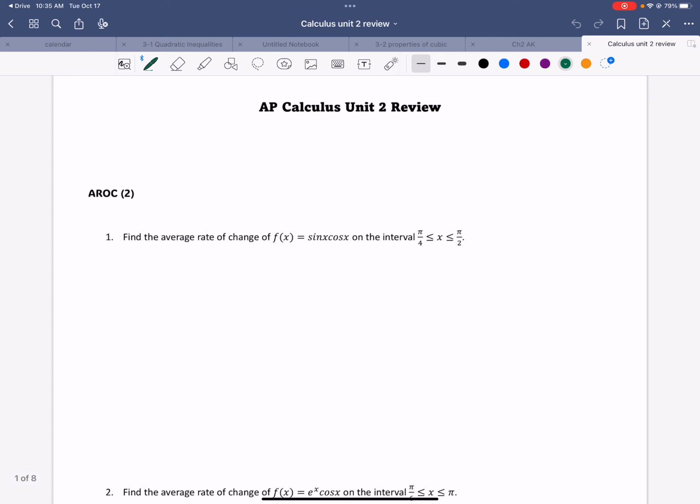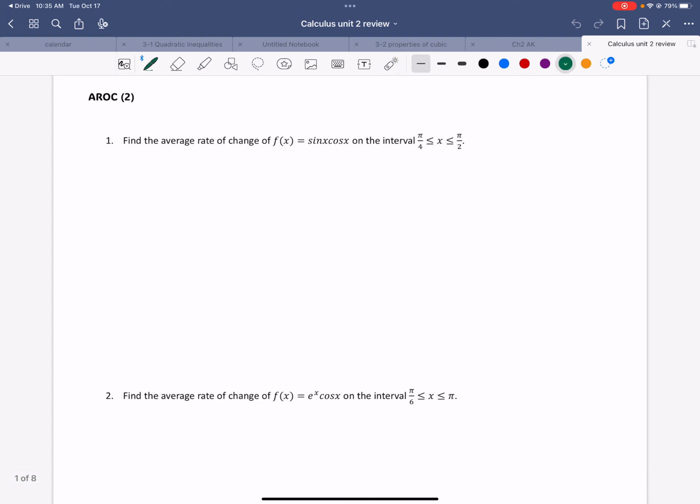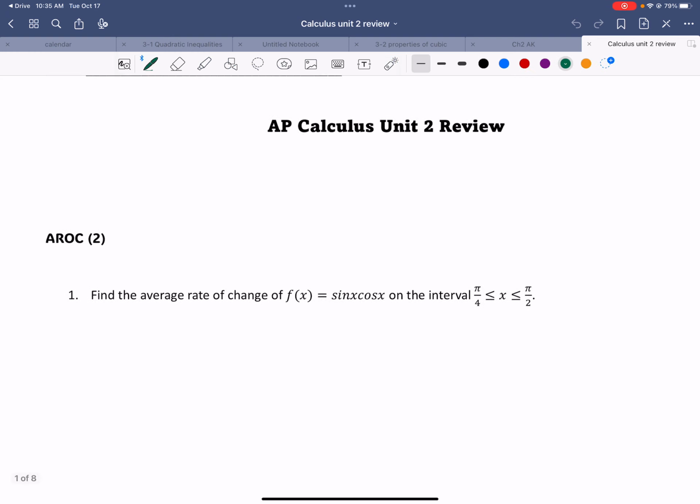So, part 1. This is everything that you have learned in chapter 2. And first one is the average rate of change. There's a difference between average rate of change, which is just like a slope, y2 minus y1 over x2 minus x1, or instantaneous rate of change.